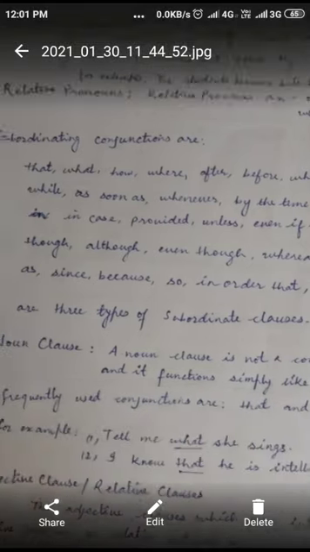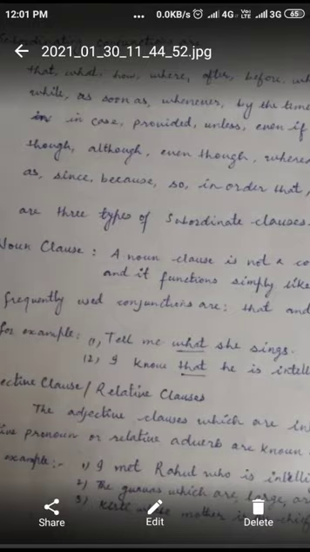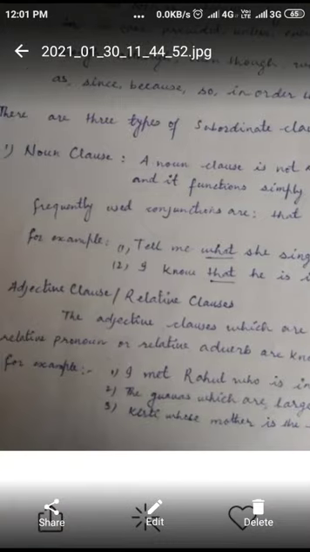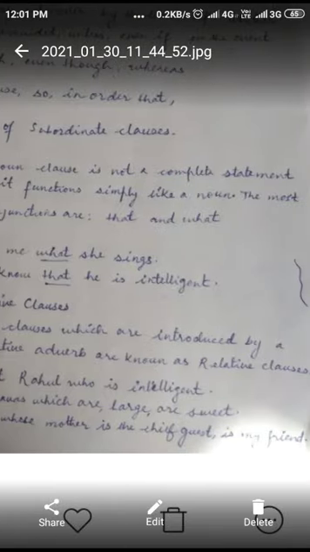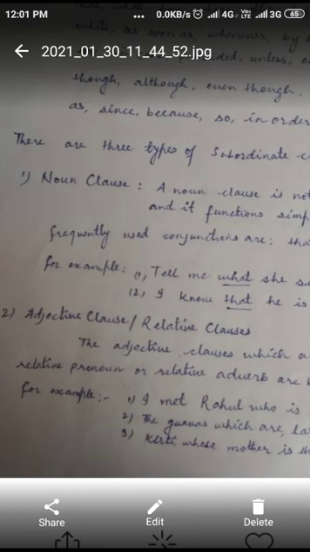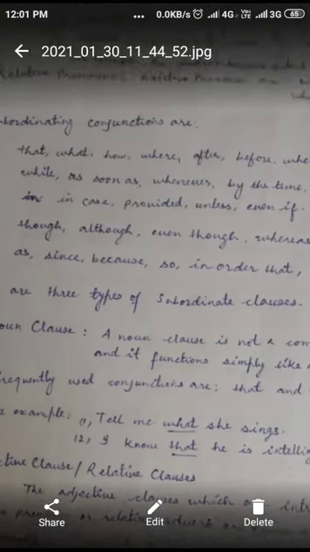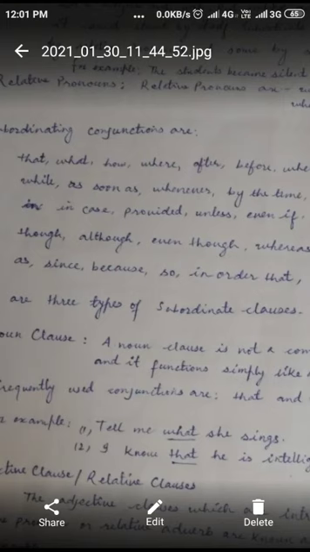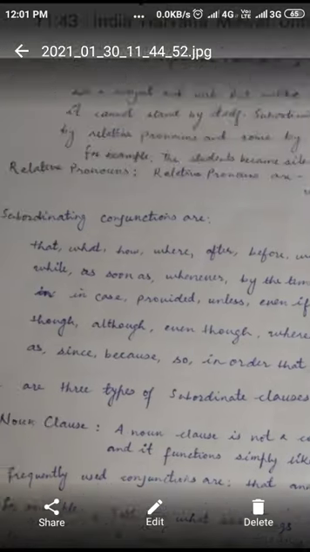It's very simple. I have given two examples here. If there are other conjunctions, they will come under adverb clause. Adverb clause हम next class में पढ़ेंगे. Suppose whereas, though, although, as, since, because, so, in order that, so that, provided, in case, if, they are all conjunctions for adverb clause. We'll discuss it later.